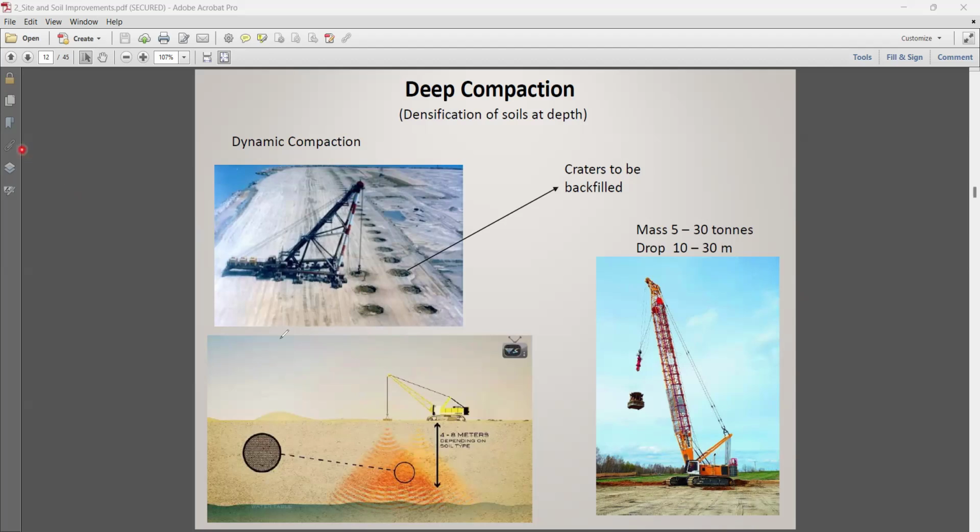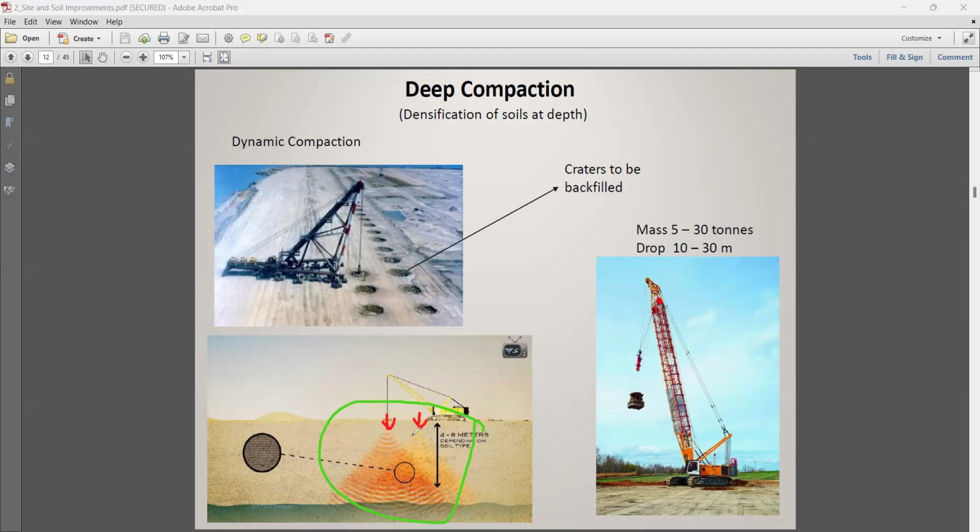It shows how the energy being applied is passed on to the ground and how it densifies. You can see the first drop is here, second drop is here.